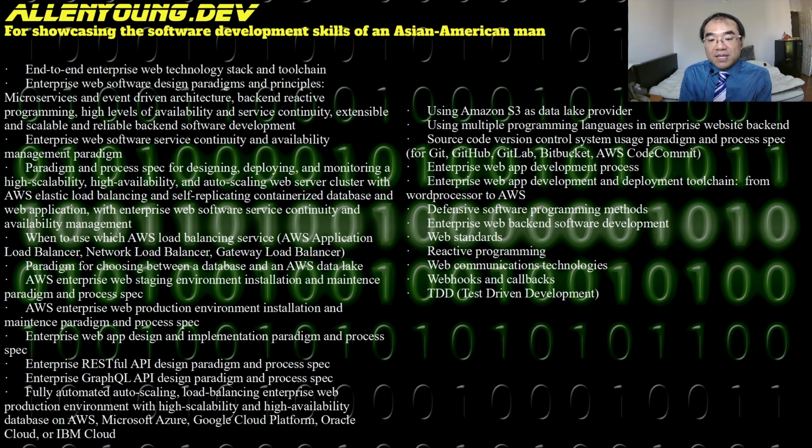And paradigm and process spec for designing, deploying, and monitoring a high scalability, high availability, and auto-scaling web server cluster with AWS Elastic Load Balancing and self-replicating containerized database and web application with enterprise web software service continuity and availability management. A big topic and big issue on its own. It must be handled properly. I'll definitely cover that later when I get more time.